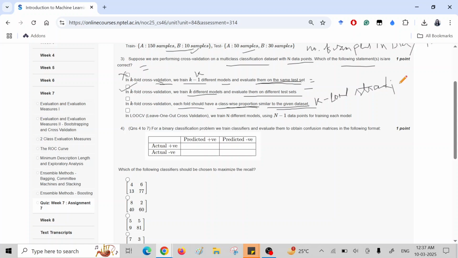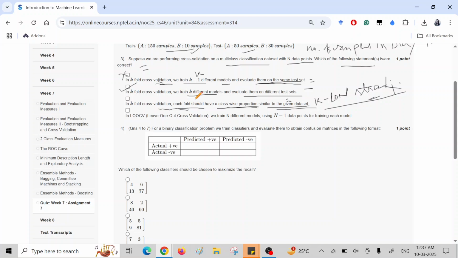There is one modified or advanced version of k-fold cross validation which is called stratified k-fold cross validation. There the class wise proportion which is there in the data set should also be maintained in the different groups, or different folds, of the cross validation.